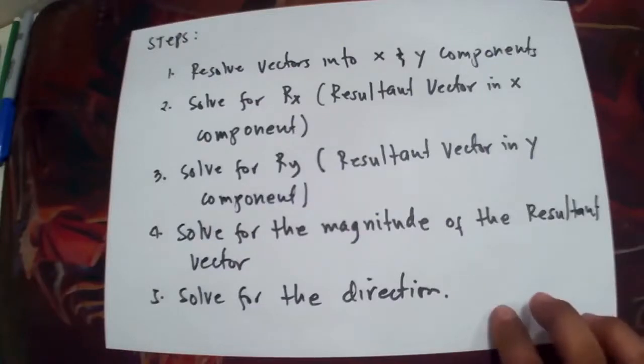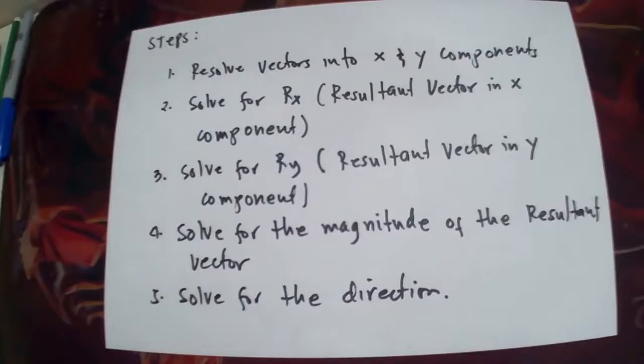The first one is to resolve vectors into their x and y components. The second one is we're going to solve for the R sub x of that vector, which is the resultant vector in the x component. The third one is we're going to solve for R sub y, or the resultant vector in the y component. The fourth one, we're going to solve for the magnitude of that resultant vector.